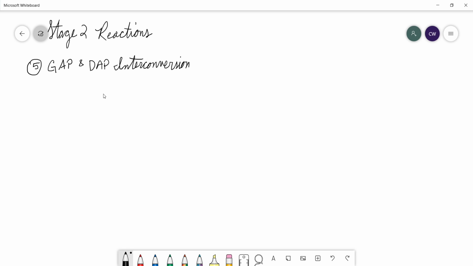And I'm not going to redraw those structures because there's no real reason to. You have them in your notes from the last video. Okay. This reaction is catalyzed by triose phosphate isomerase.